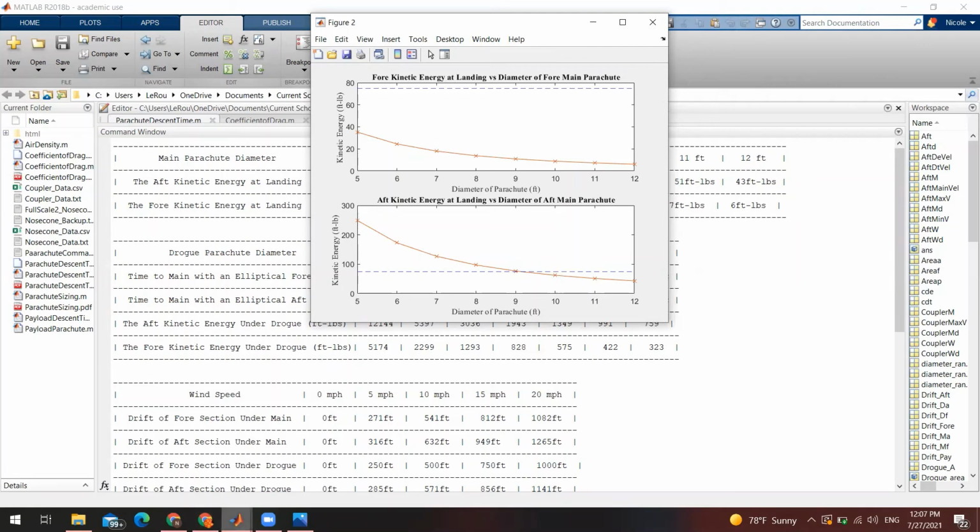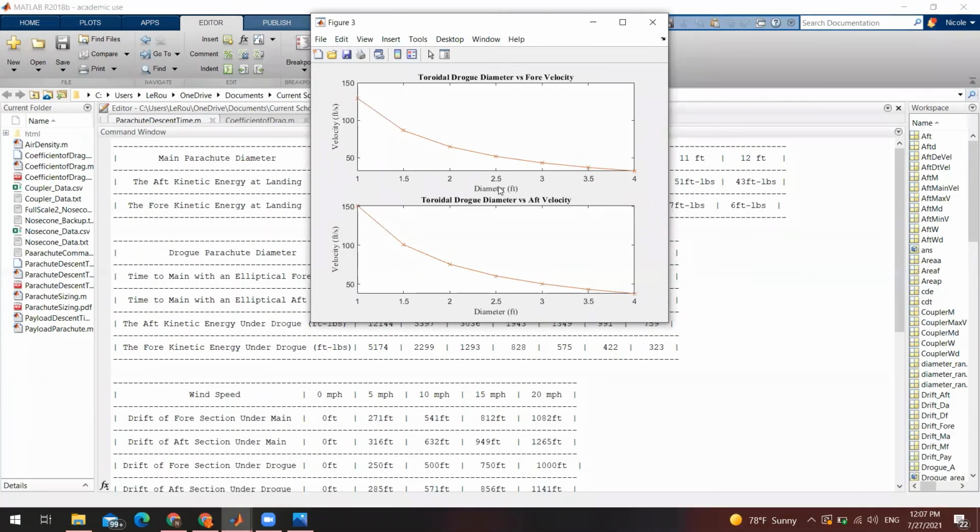Okay, and then figure 3 is what the velocity is with that toroidal drogue, so this is the diameter of a toroidal drogue and the velocity of the body. And then the same thing, but with an elliptical drogue.